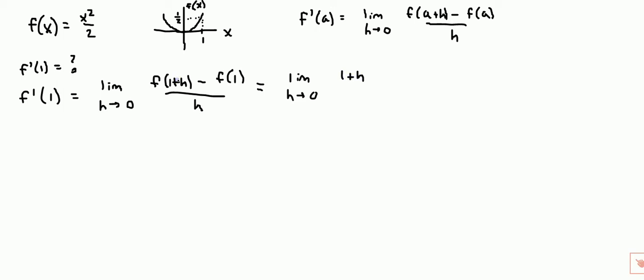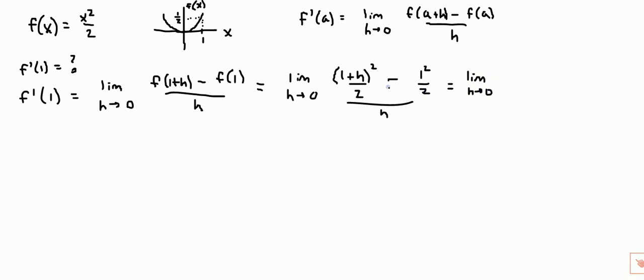Plug in 1 plus h to f of x. We have 1 plus h quantity squared divided by 2, minus f of 1, that's 1 squared over 2, all over h. Okay? That's the limit as h approaches 0.